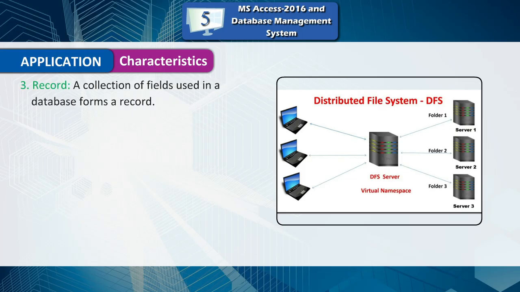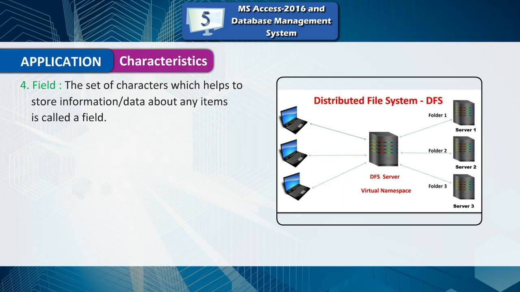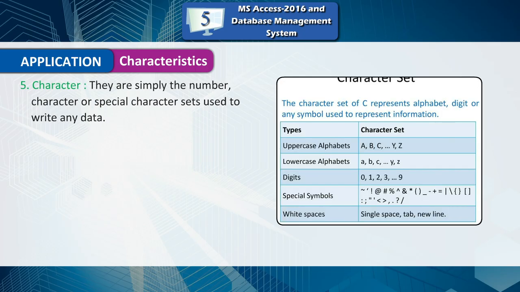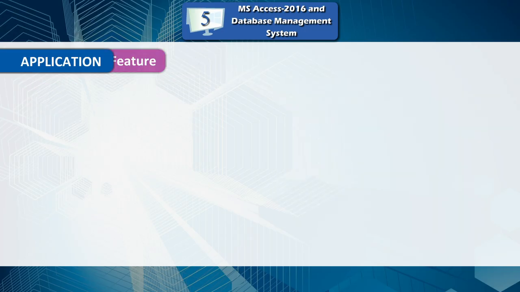Record, a collection of fields used in a database, forms a record. 4. Field, the set of characters which helps to store data about any item, is called a field. 5. Character, they are simply the numbers, characters or special character sets used to write any data.